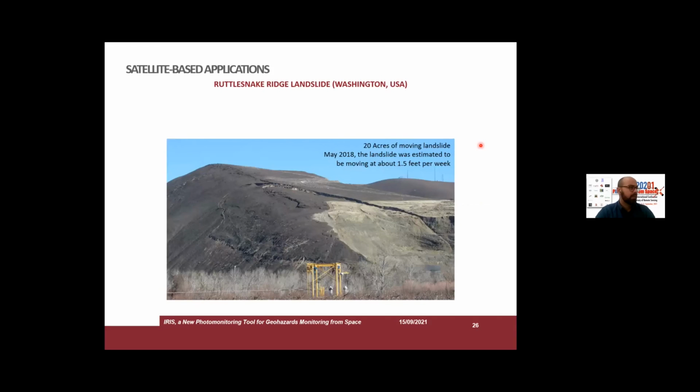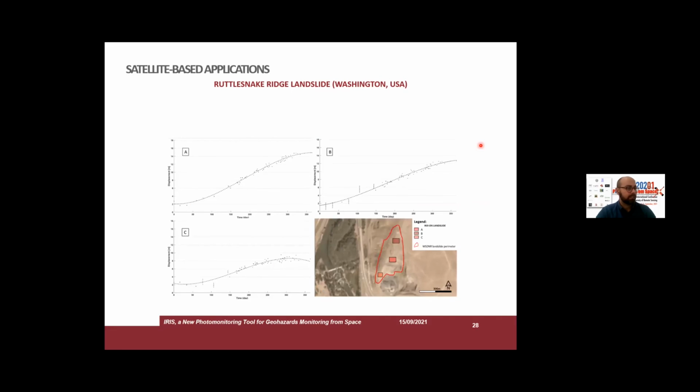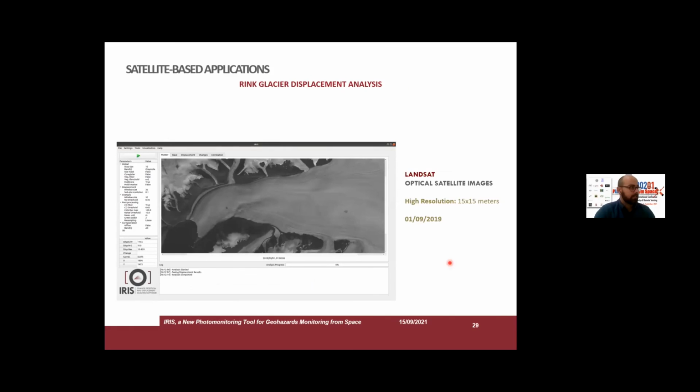Another example is in Washington, USA, the Rattlesnake Ridge landslide. We already realized the displacement map with vectors, and these are the time series of displacement for some polygons within the study area.